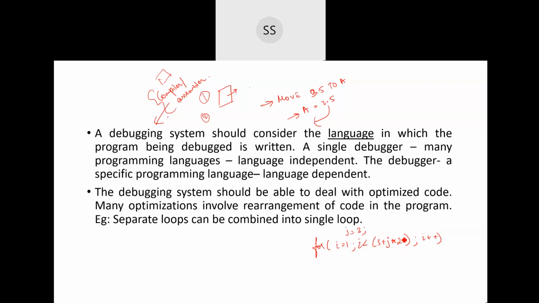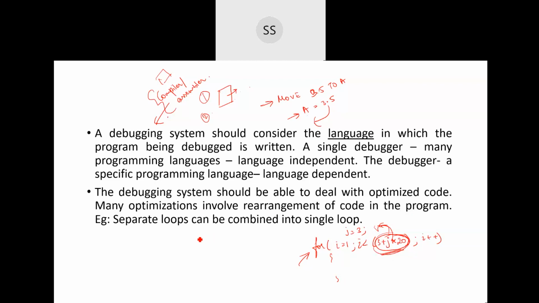This expression you could have computed earlier. You don't have to execute this statement whenever you execute your for statement. For each iteration I don't need to do this calculation here; I could have done it before the for loop. That is a kind of optimization. I can reduce the number of executions of this computation.